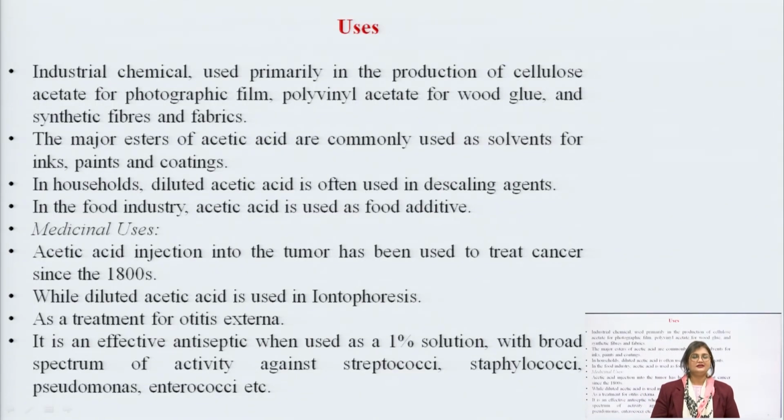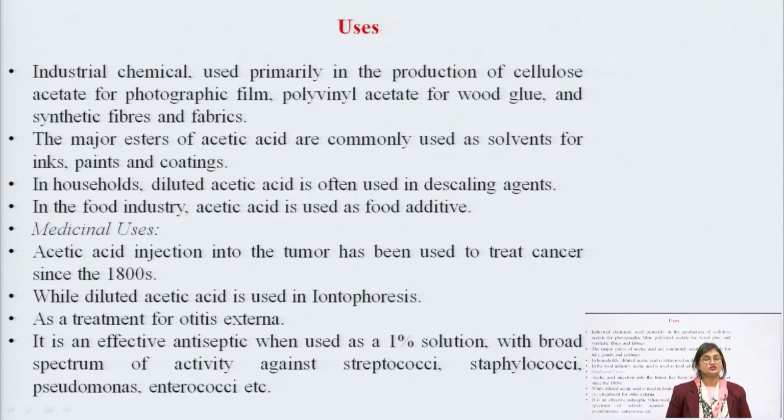So, with this we have learnt about the structure, various properties and uses of acetic acid. The most important ones which we should never forget are the medicinal uses, namely acetic acid injections, which have a treatment effect for cancer, diluted acetic acid and its application in iontophoresis, and its treatment of otitis externa.